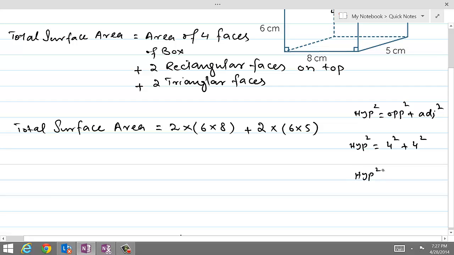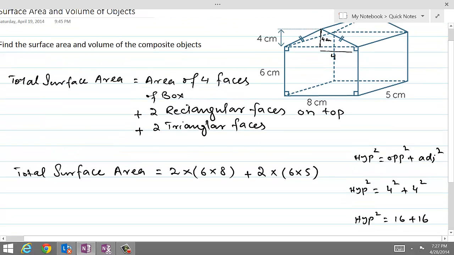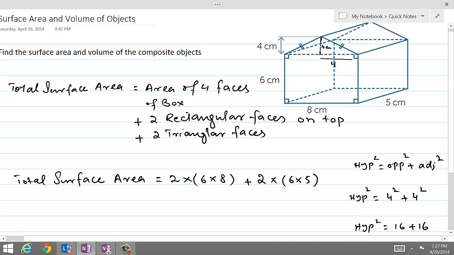Therefore, hypotenuse square is equal to 16 plus 16, which is 32, and if we take square root, the hypotenuse is equal to root 32, which is equal to 4 times root 2.